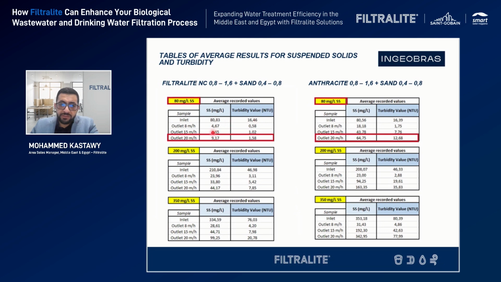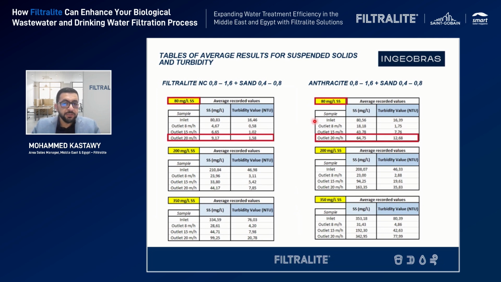While if we look to the left side, we can see that it was reduced from 80 milligrams to 9.17. So we are talking about a big gap here, 64 and 9.1. And also when you look at the turbidity, you are even getting better quality of water. This one is around 12.7 NTU, while with Filtralite it is 1.5.